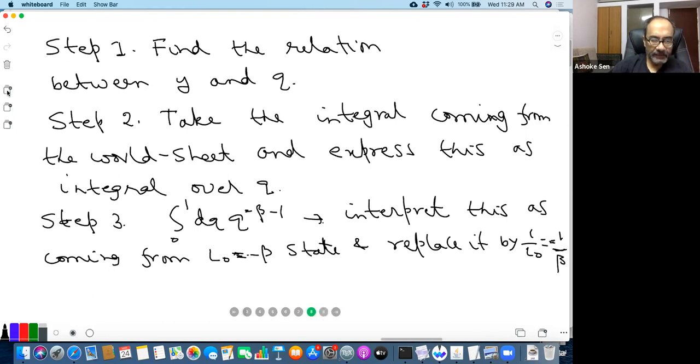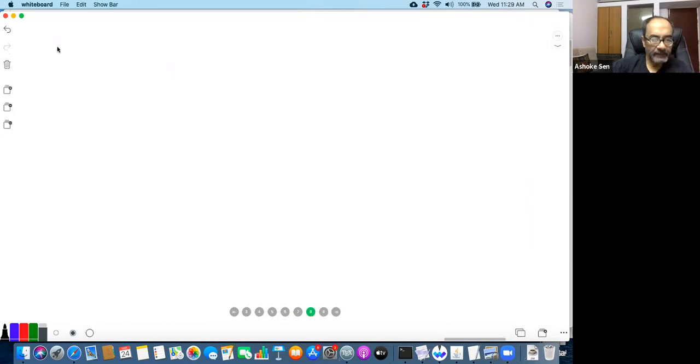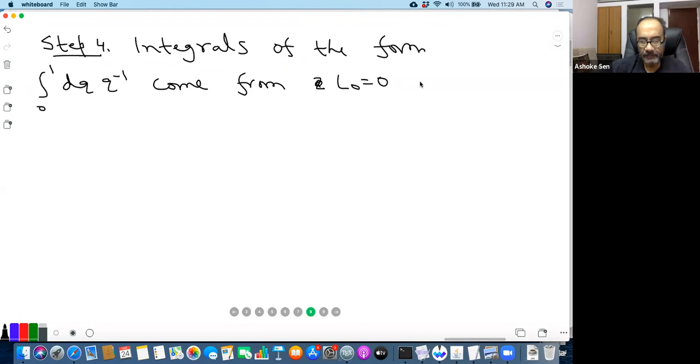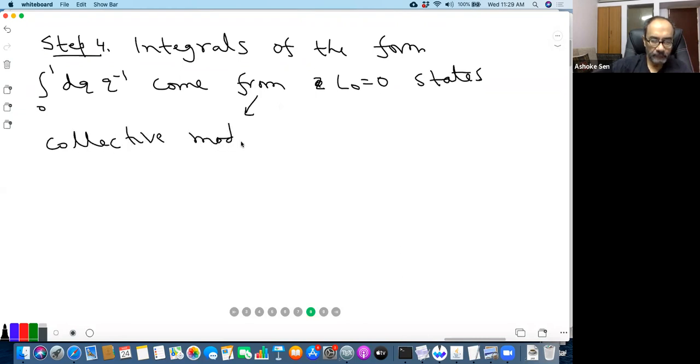Step 4 is to deal with the logarithmic divergences. So step 4 is that integrals of the form integral 0 to 1 dq q inverse, these come from 0 modes, from L0 equal to 0 states, which could be collective modes or ghosts.